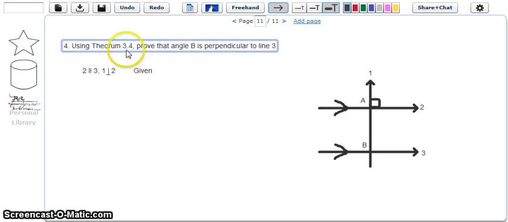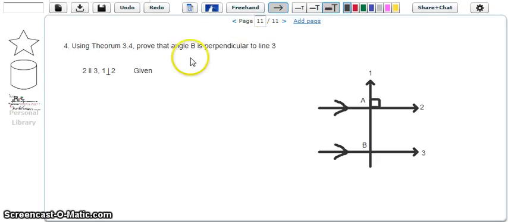Okay, we've got theorem 3.4, remember from earlier. Prove that line 1 is perpendicular to line 3.